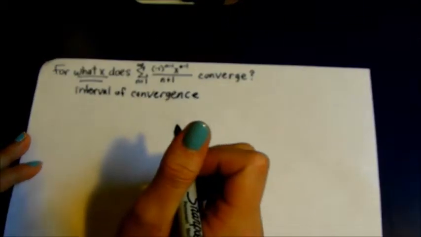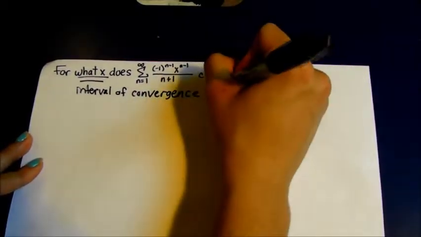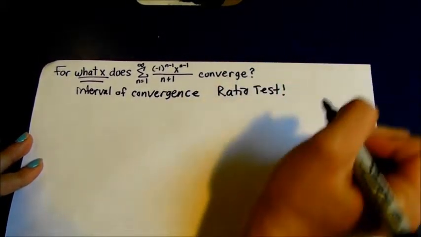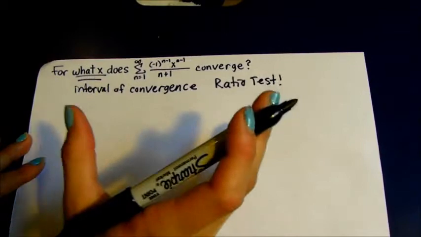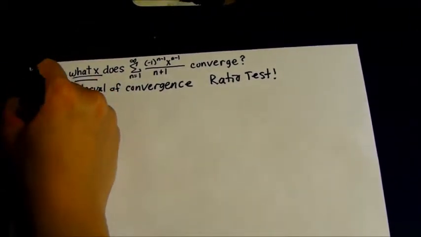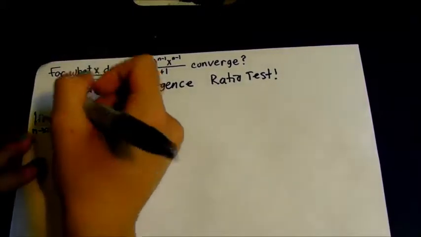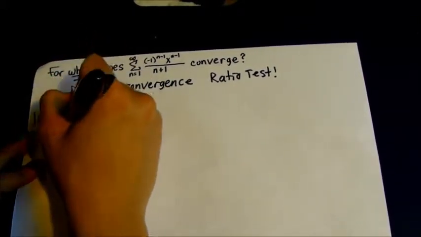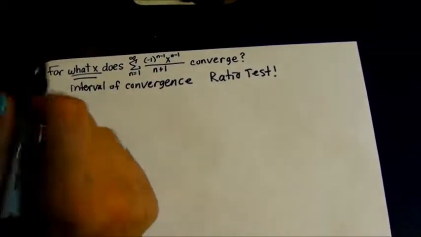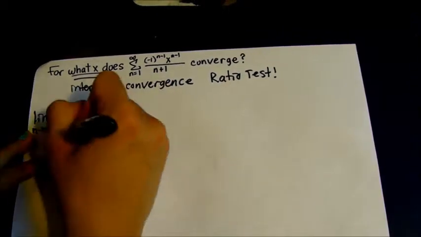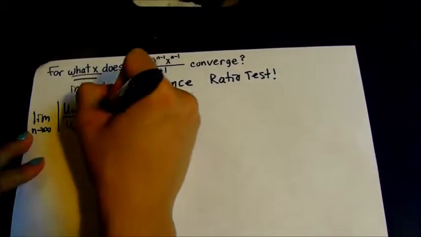Okay, and again, I'm going to use the ratio test to solve what x is going to give me my interval of convergence. So the limit as n goes towards infinity of, remember the ratio test, your power series where you see n you place n plus 1, all over your original power series.